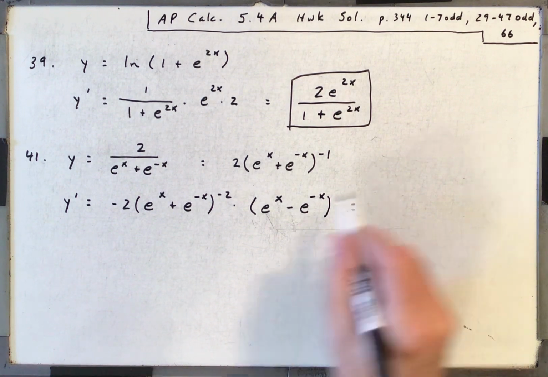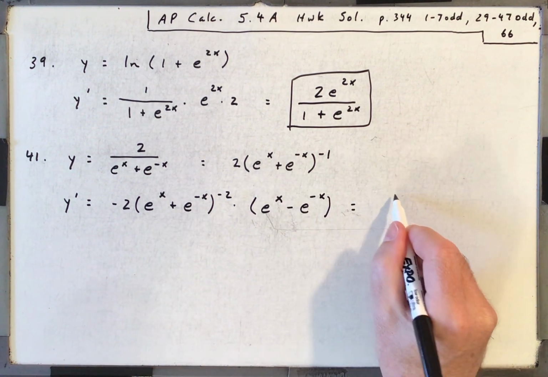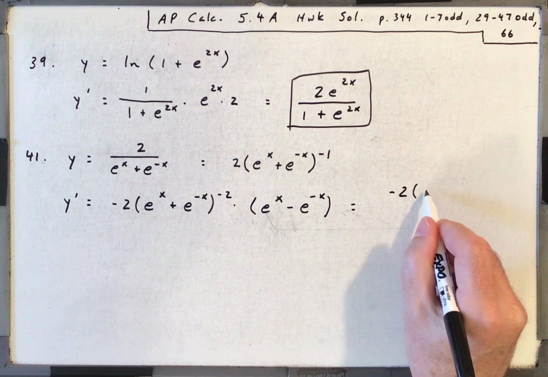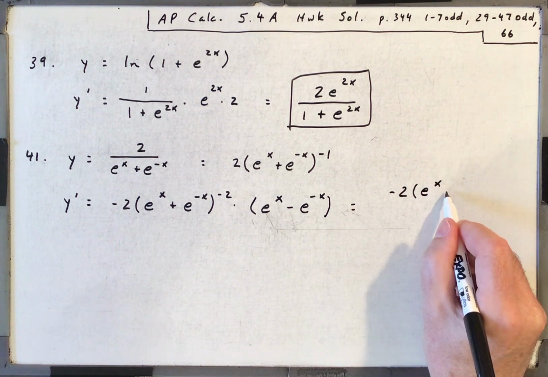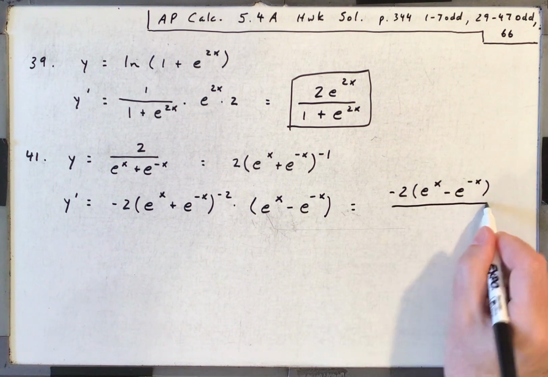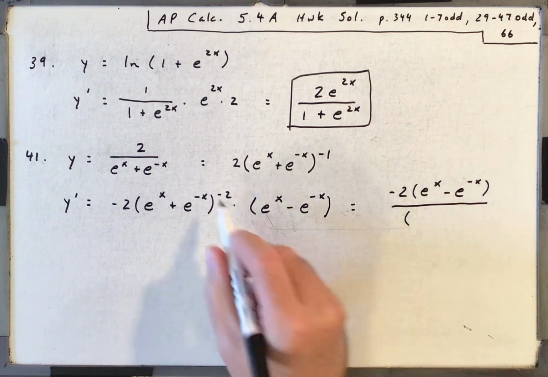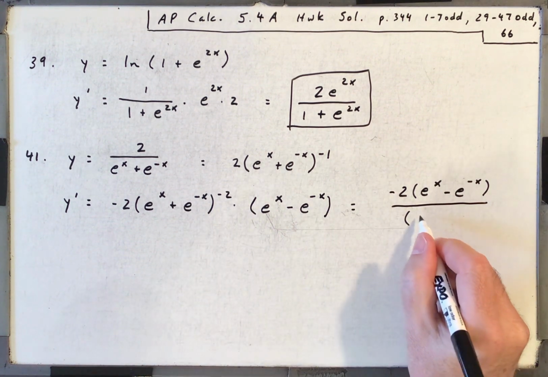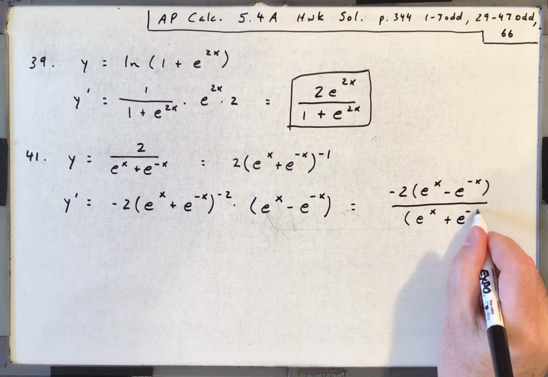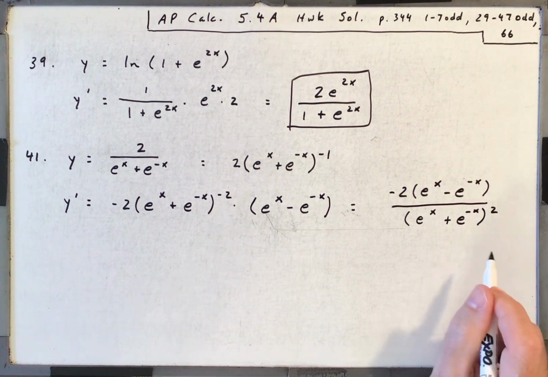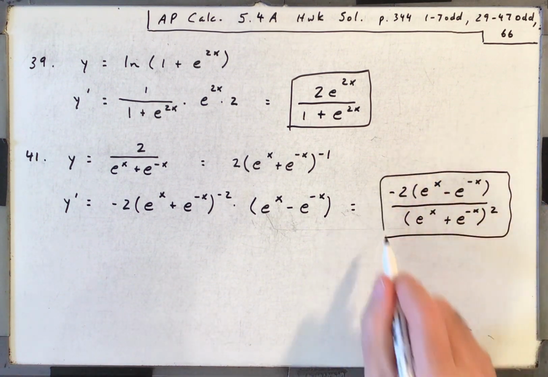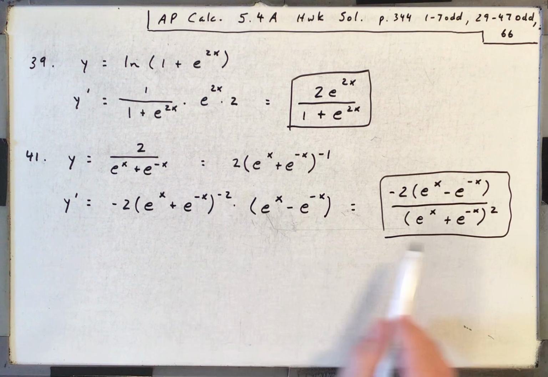So the negative 2 stays on top. So you've got negative 2 times e to the x minus e to the minus x over, and then we're going to make that negative 2 a positive 2, so let's bring it downstairs, all squared. So that's the way I would want to see it on a test. Make sure you make that negative exponent positive.